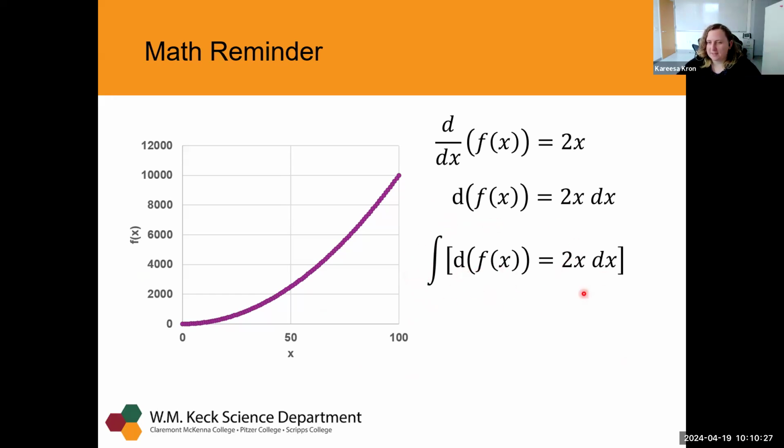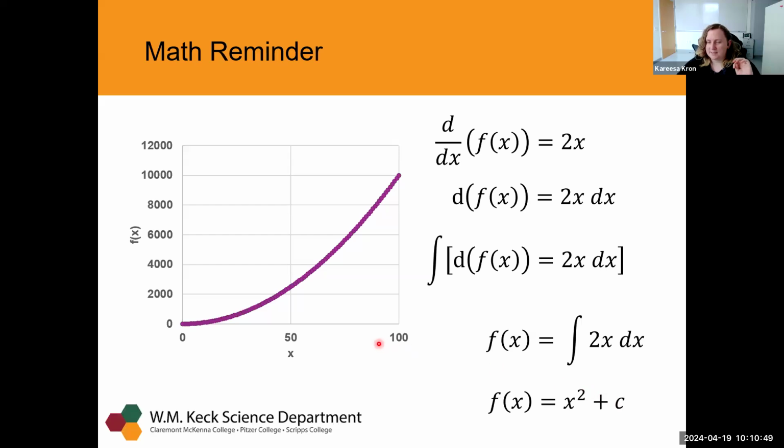But if you integrate this, and you might remember this, or it might be something you haven't learned yet, you shouldn't focus too much on being able to do this. If you take the integral of this, then you get f of x on this side, and then you integrate 2x, and you end up getting x squared plus some constant c.